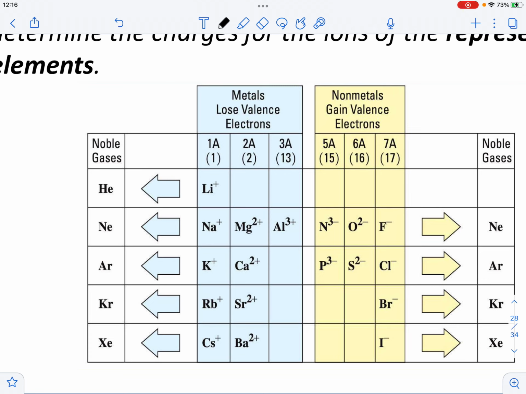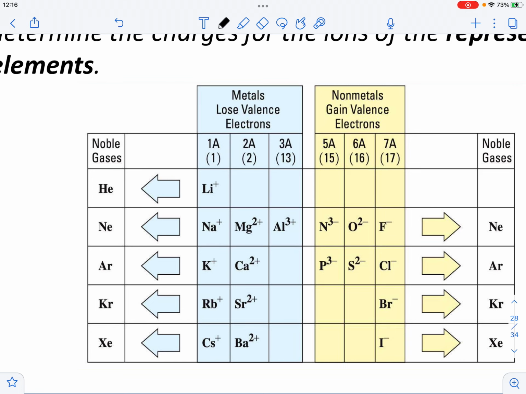That's why they become 2+. And when it comes to the elements in 3A, aluminum is a metal, so it's going to lose 3 electrons. Remember that this rule in 3A doesn't apply to boron, because boron is a metalloid. And as I talked about before, metalloids will be making covalent compounds, so it's not involved in making specifically ionic compounds.